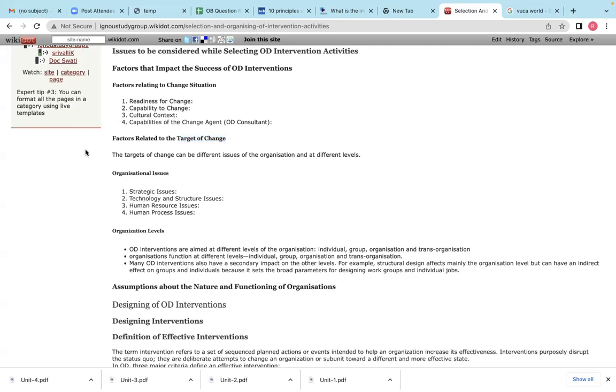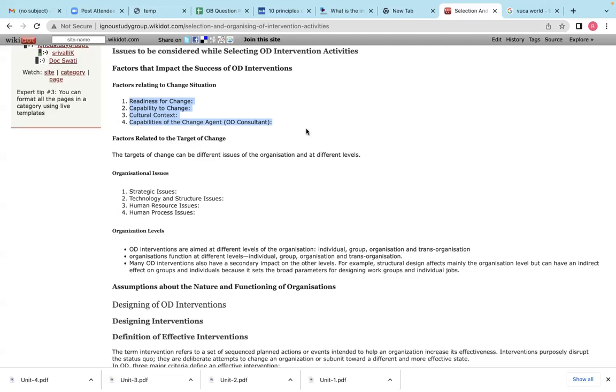Under situation, we have four different classes. If I assess the situation, what are the various situational things that are there? Whether my organization is ready for the change, whether they have the capability to change, whether there is a cultural context which is set to change, whether my change agent is capable or not.